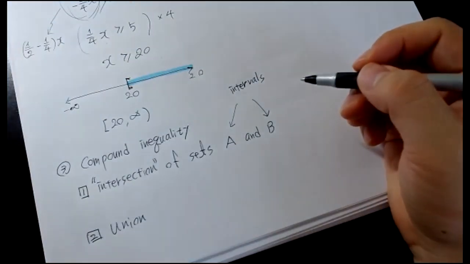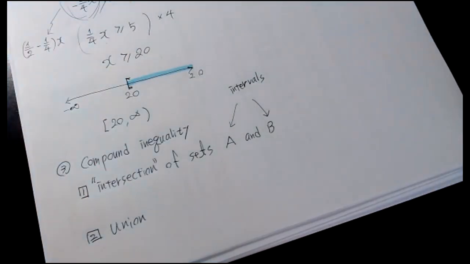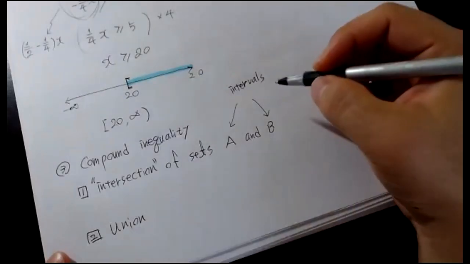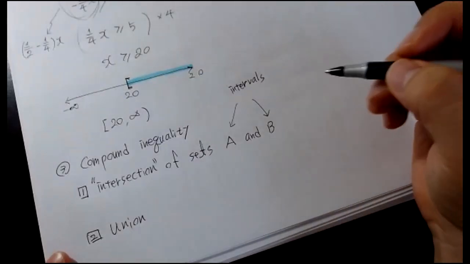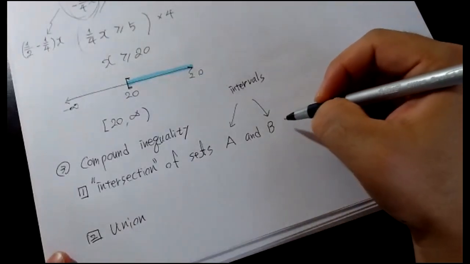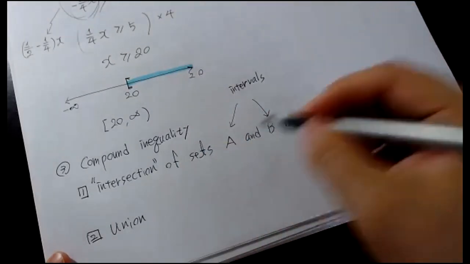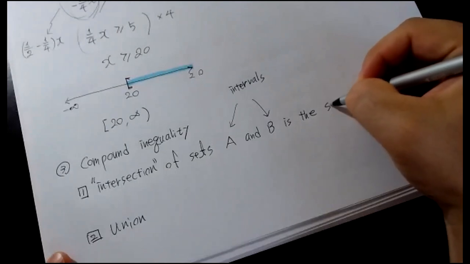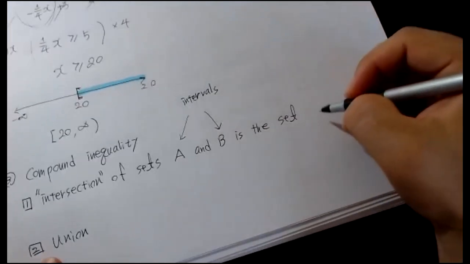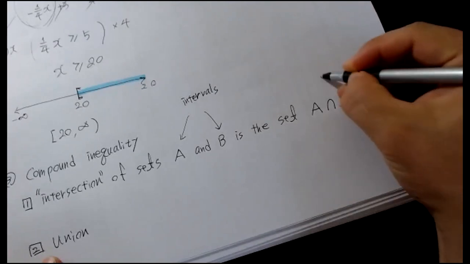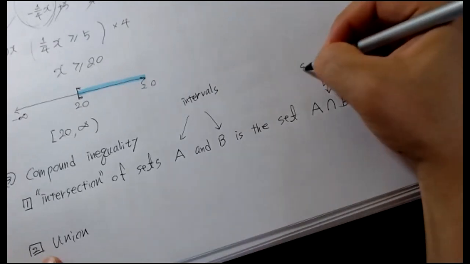What is a set? A set is just a group of numbers satisfying a certain equation or inequality or just a certain rule. So the intersection of sets A and B is a set, A intersect B. That is the symbol of the intersection.